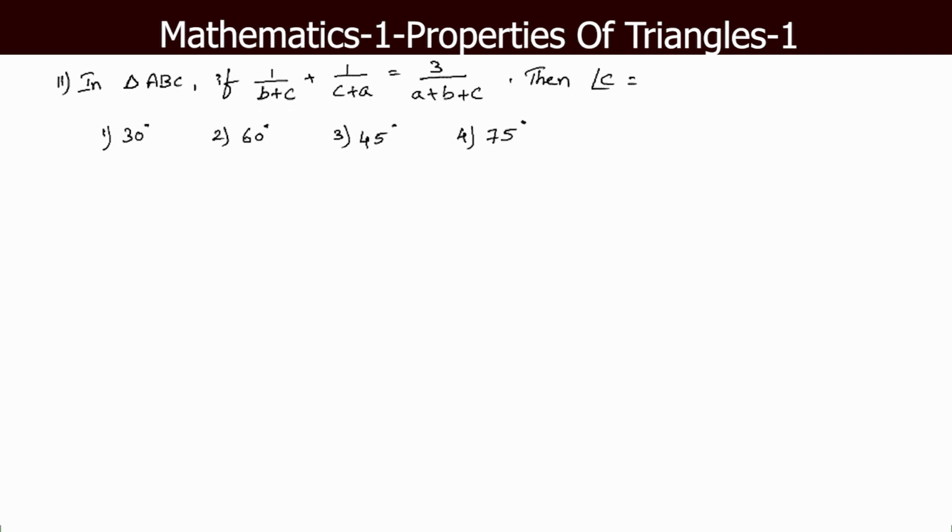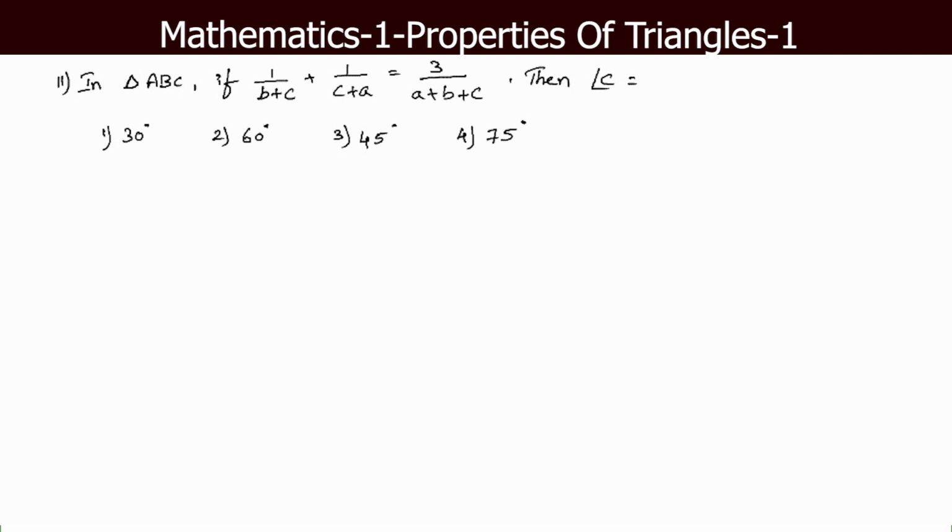Generally, these are very standard formulas which are asked in many competitive examinations as well as intermediate plus 2 stage also. Whenever you get 1 by B plus C plus 1 by C plus A is equal to 3 by A plus B plus C, you can always conclude that C is a common side in the hypothesis. Please see 1 by B plus C plus 1 by C plus A. So you will get angle C.